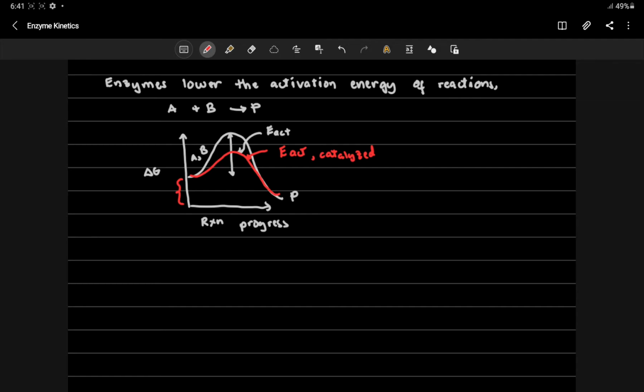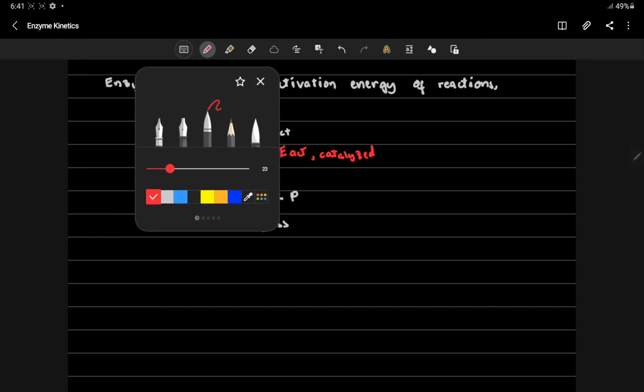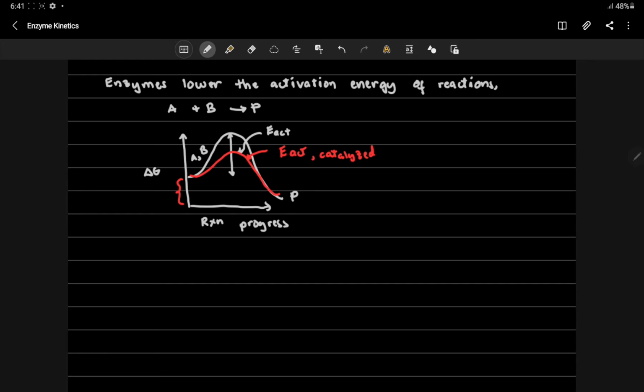Alright? Now, let me give you an actual example. So let's say we have the breakdown of hydrogen peroxide, okay, to your products water and oxygen at 20 degrees Celsius. Now, it turns out na yung activation energy for this reaction, if uncatalyzed, okay, we found the value to be equal to 18 kilocalories per mole.